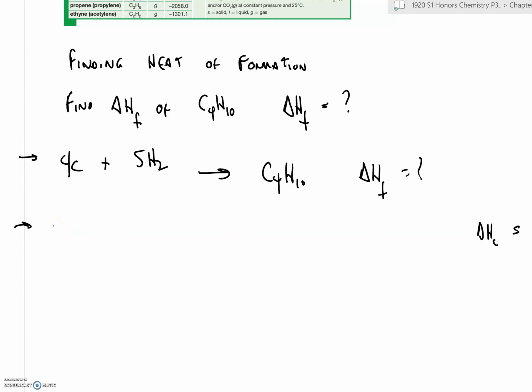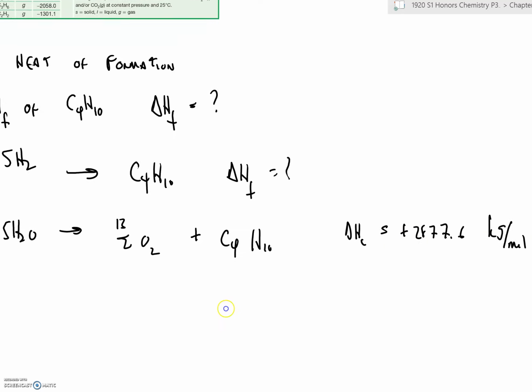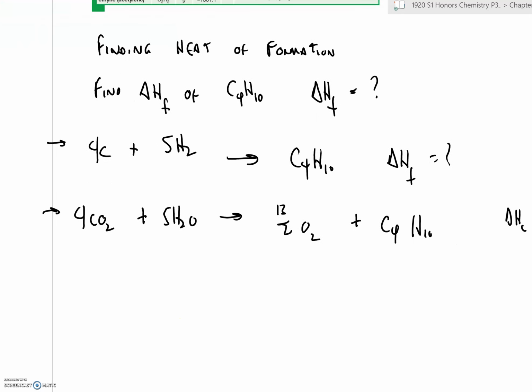So that means that we are going to have 4 CO2 and 5H2O yields 13 halves of an O2 and C4H10. When you do that, that makes this now a positive value. Okay, we've run it backwards. That's now positive. All right. So we got the C4H10 part of our target equation.